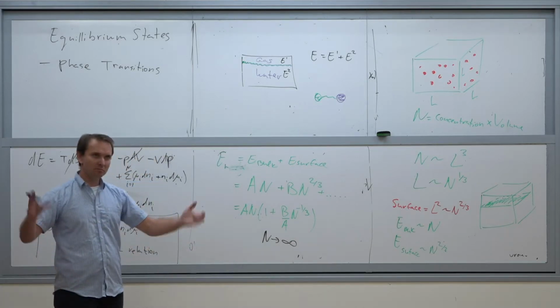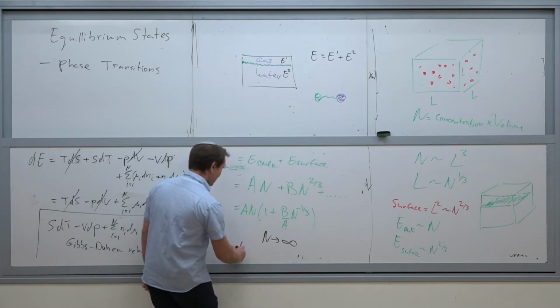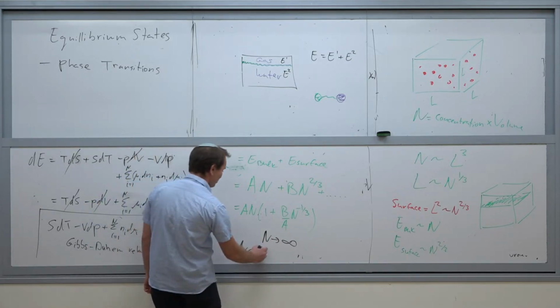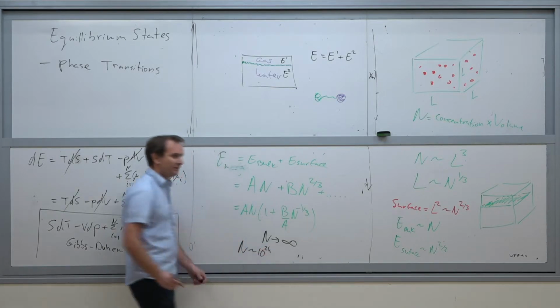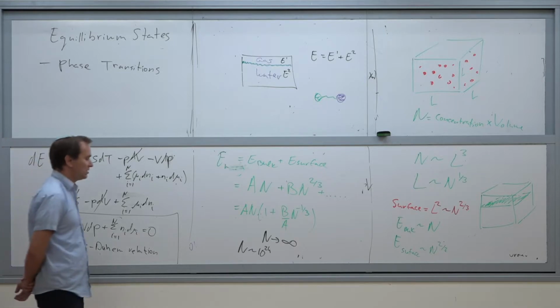What is n approximately? Avogadro number. So we're talking about the size of 10 to the power of 24. This is as large as n can be, and even larger. Okay?